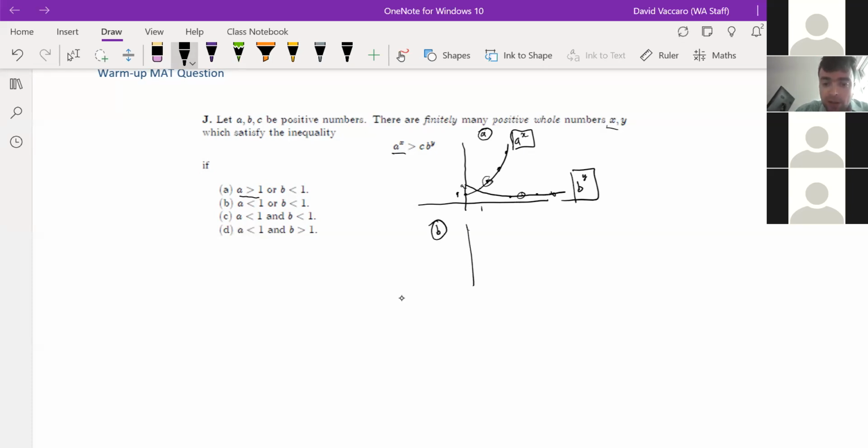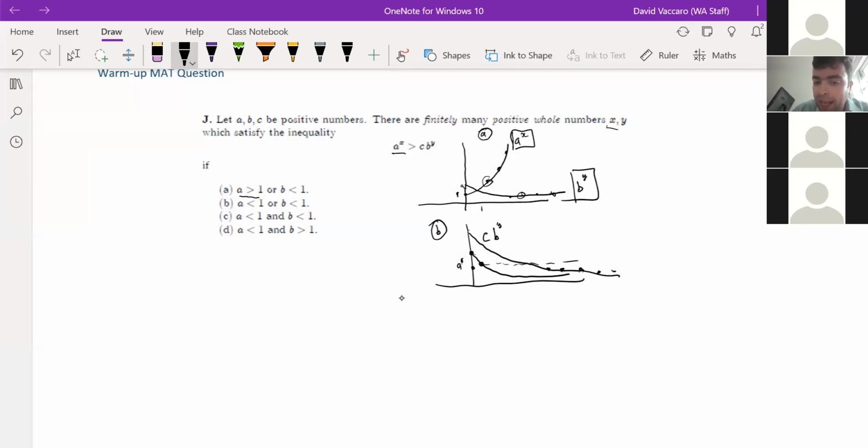What about part B? Well, they're both decreasing. But what we can see here is that if the b curve is decreasing, even if it starts at a high level, at some point it's going to be beneath a to the 1. And once this c b^y curve is beneath a to the 1, it will always stay beneath a to the 1.